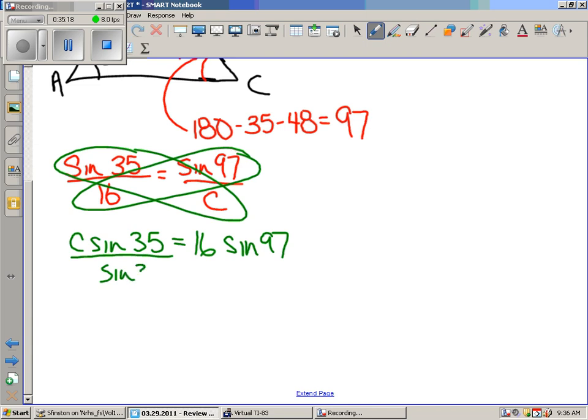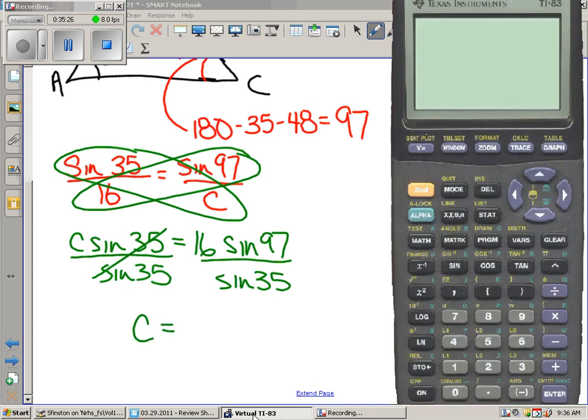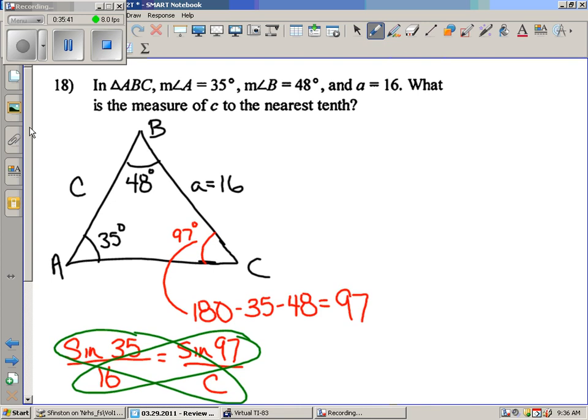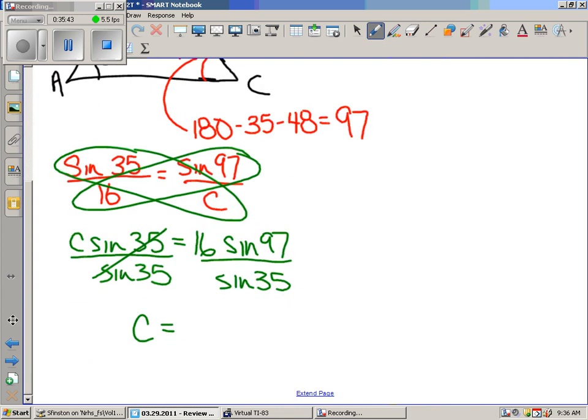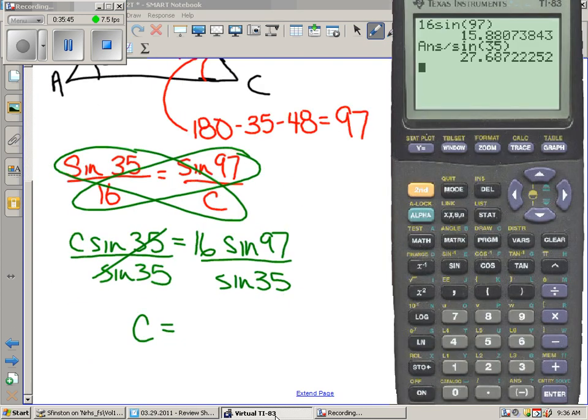Divide both sides by the sine of 35. 16 sine 97 over sine 35. Calculator, please take us home. To the nearest tenth. 27 point what?